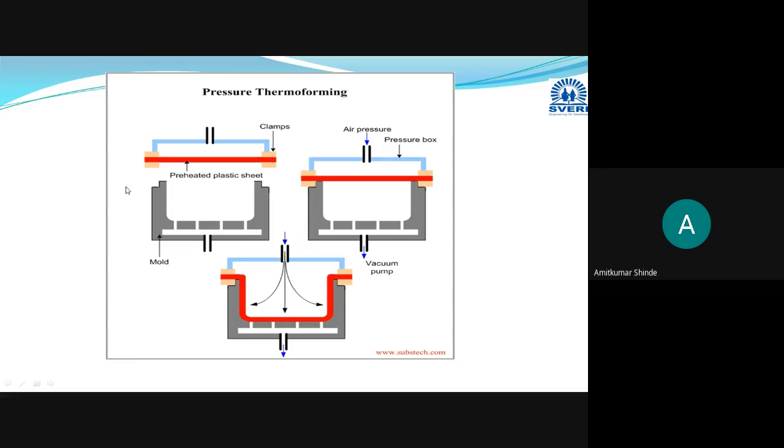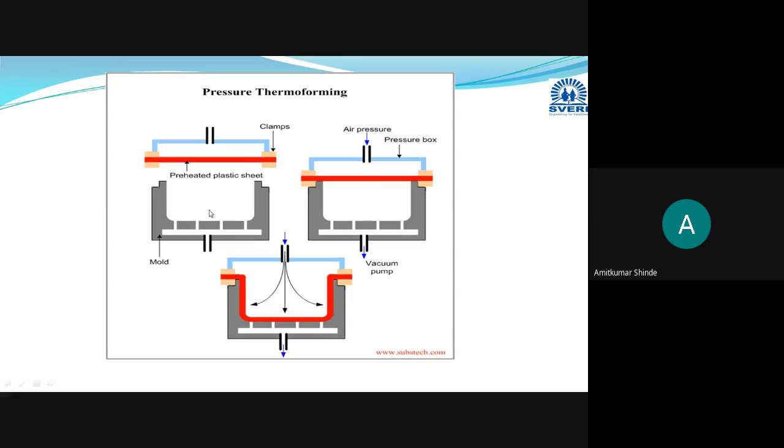This left top corner diagram indicates the first step. Here the plastic sheet obtained at the end of the calendaring operation is collected and preheated, or you can say directly that it is heated. Why is the term preheated used here?